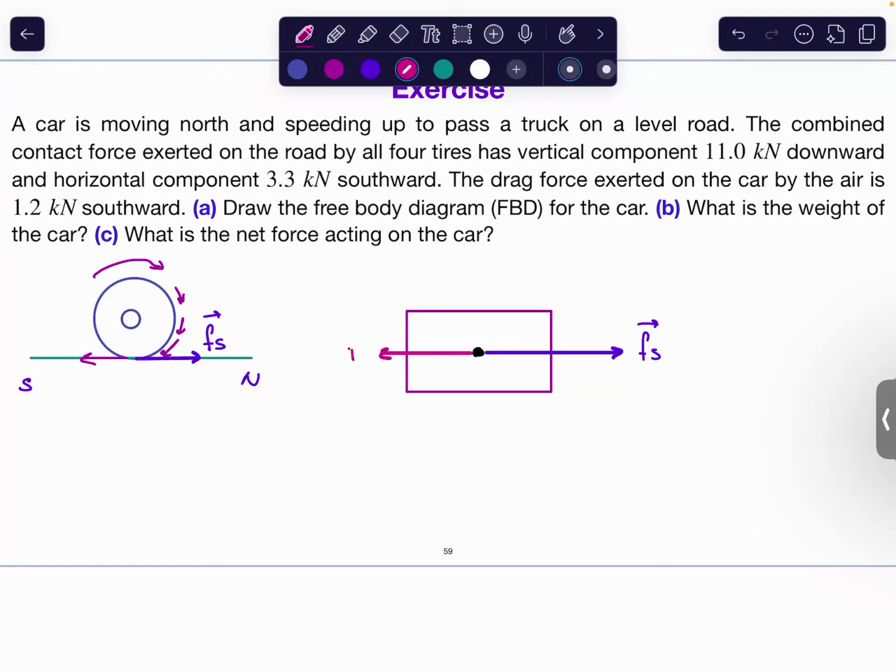So against the car, I'm just going to call that drag. We are going to have the gravitational force of the car, and then exerted back on the car, we are going to have a normal force.